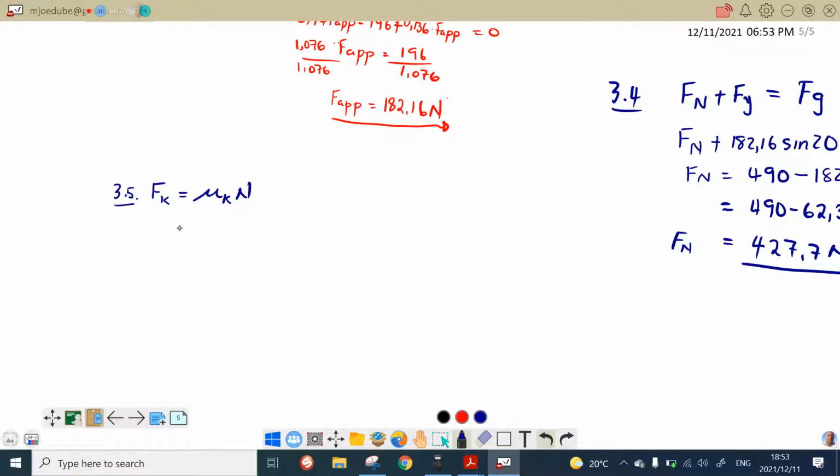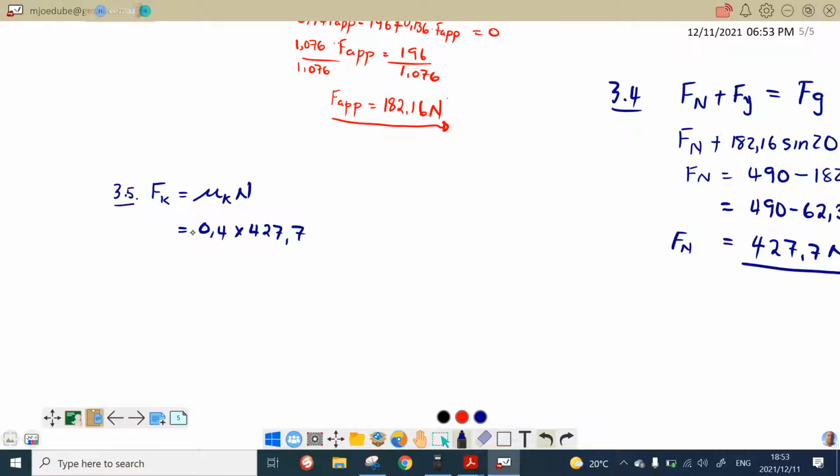So mu is equal to 0.4, and the normal force is 427.7 newtons.